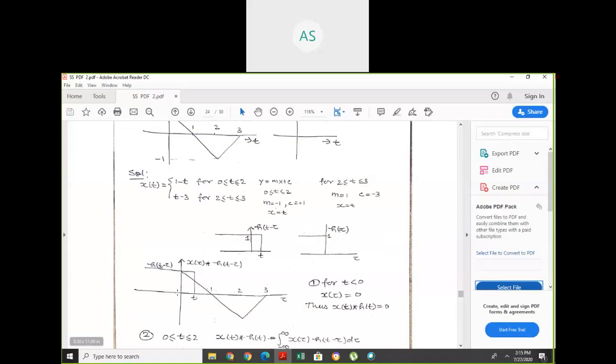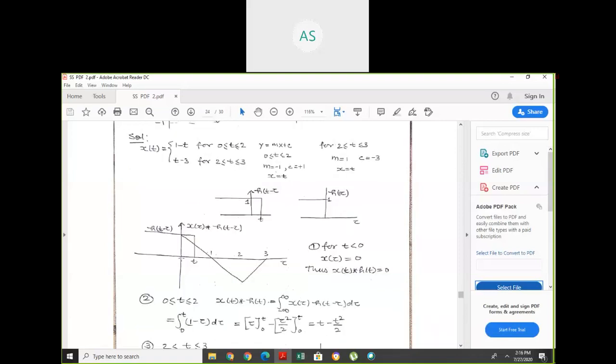When t is less than 0, the value of h of t minus tau is 1, but x of tau is 0. So when t is less than 0, we get 0 output, because the value of x of tau is 0. So the convolution of h of t and x of t is 0.